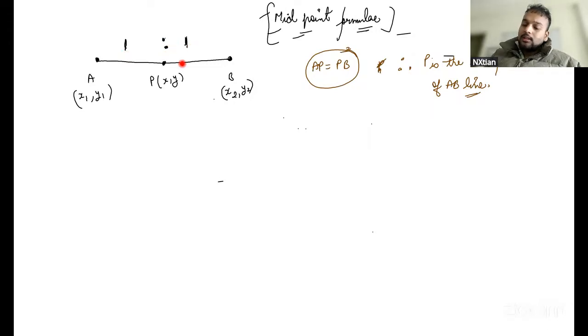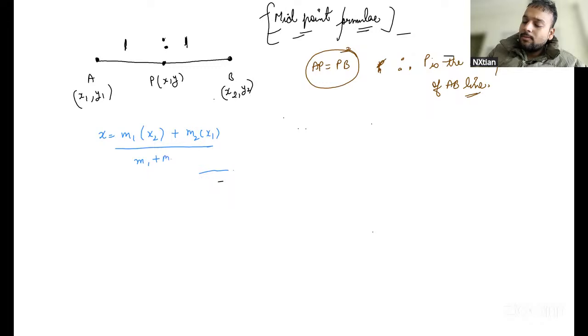Now, the formula we can make from the previous base formula: x is equal to m1 into x2 plus m2 into x1 upon m1 plus m2.